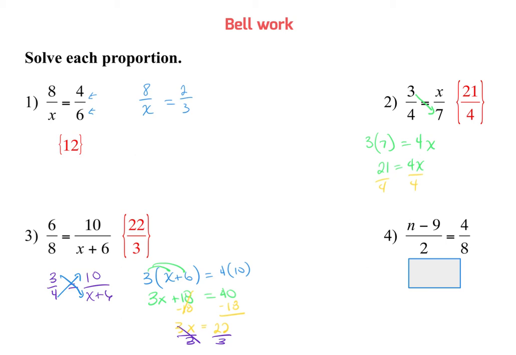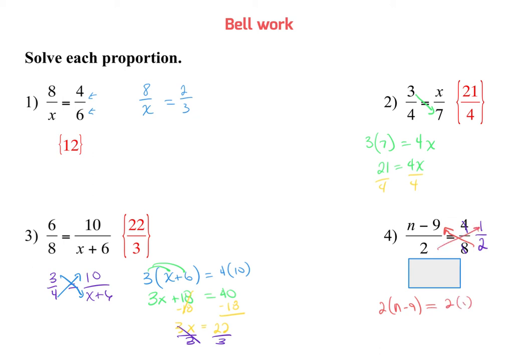All right. What about number 4? Can I reduce? Yes. 4/8 becomes 1/2, right? And now I can cross multiply. So I'm going to say 2 times this group. 2 times n minus 9 equals 2 times 1.